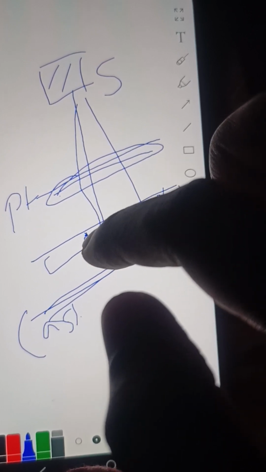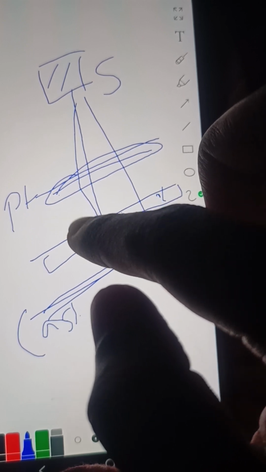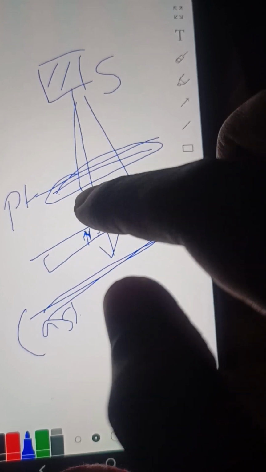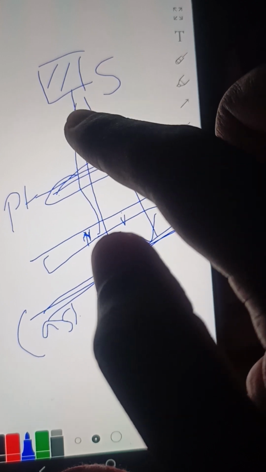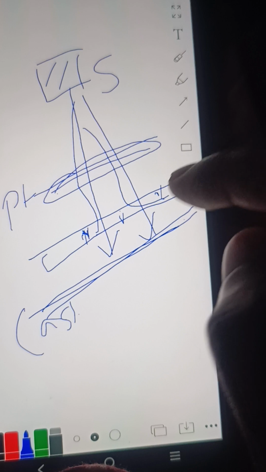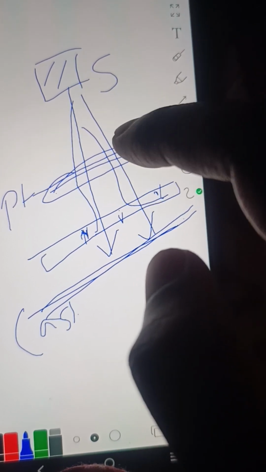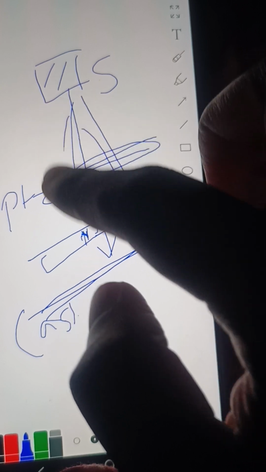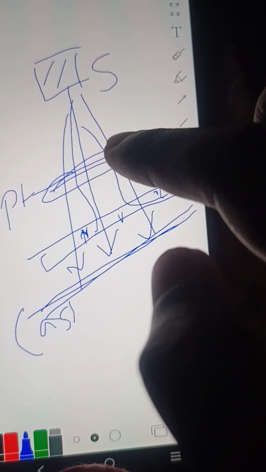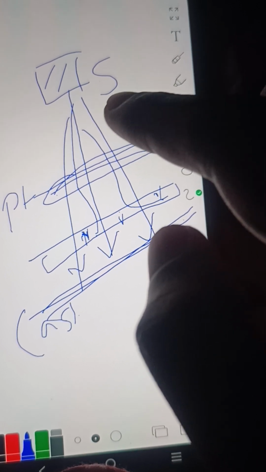That secondary radiation is obstructed by this lead. Only the primary radiation passes through, thus improving the contrast.